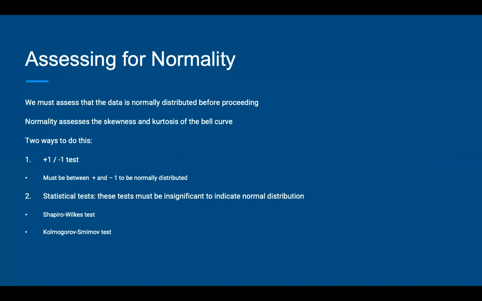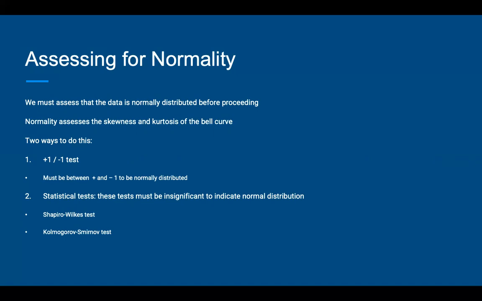Is it positively skewed too much? If it is, then we can't really run any statistics on it. If it's within a certain parameter, then we'll be able to run statistics. But also with the kurtosis of the bell curve, is the bell curve too flat or is it too peaked? And if it is too flat or too peaked, we can't run any statistics on it.